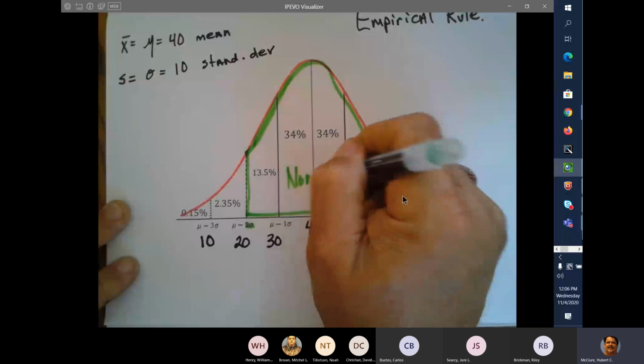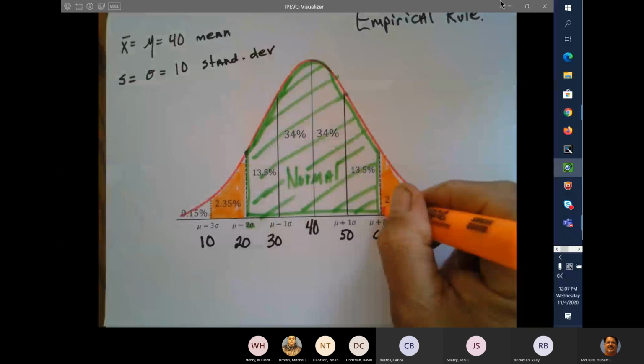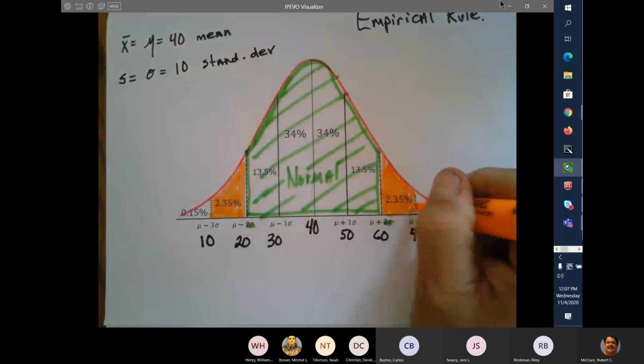If you were to add up these 4 numbers, you would get 95%. And what's outside 95%? Well, we'll color that orange. This is called unusual. We'll put a big U there for unusual.